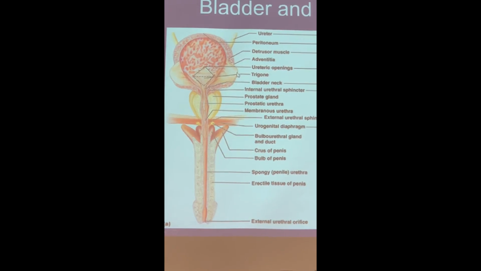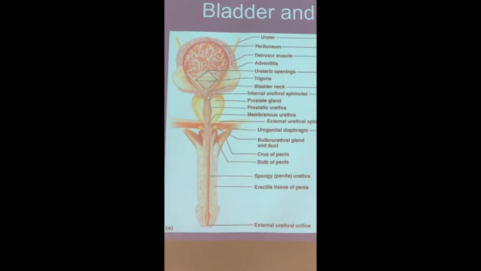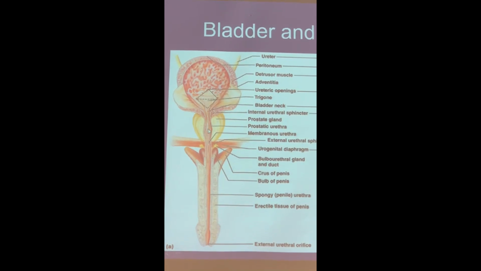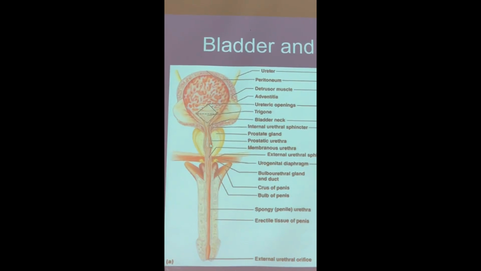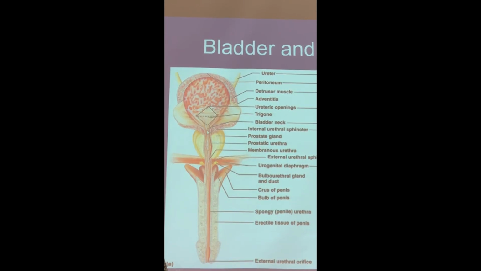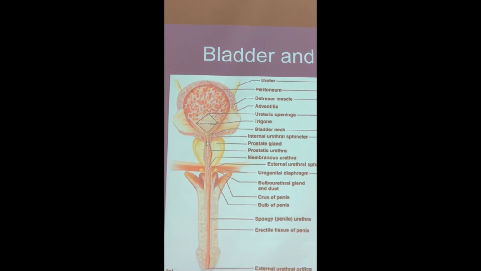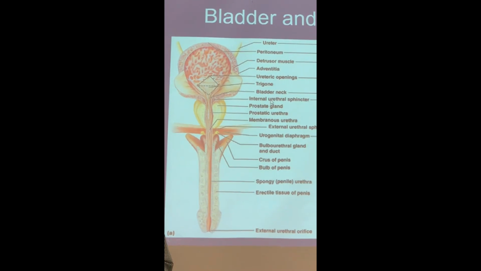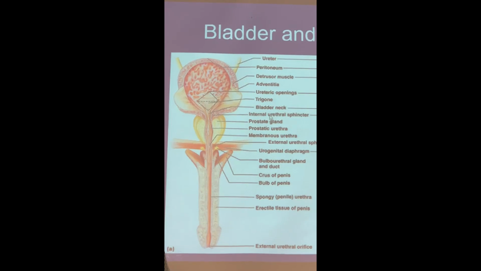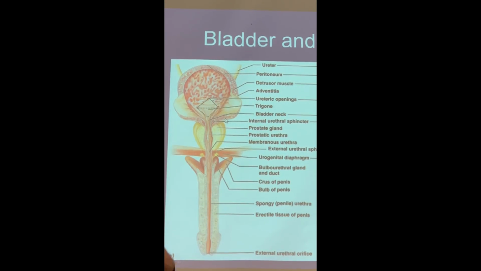All right, okay. Now, the urethra opens from that and, of course, drains out of the body. And we have sphincters that control the exiting of that. One portion of the wall of the bladder, right around the opening of the urethra, acts as a smooth muscle sphincter. This is known as the internal urethral sphincter, and it acts to control the movement of the urine in an involuntary fashion.